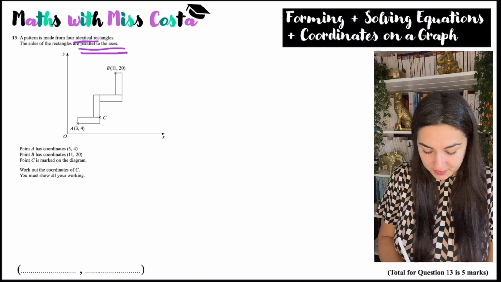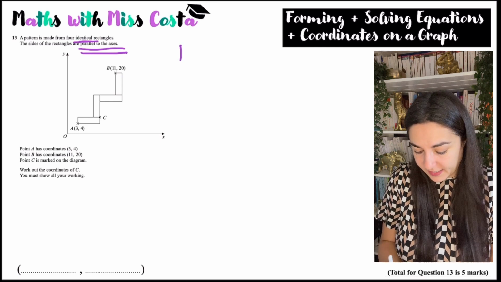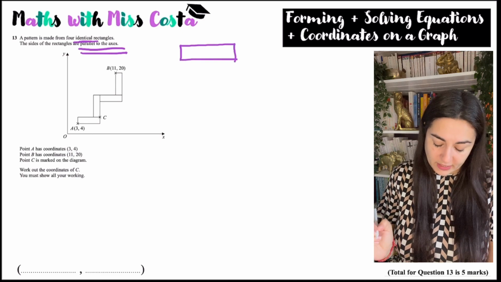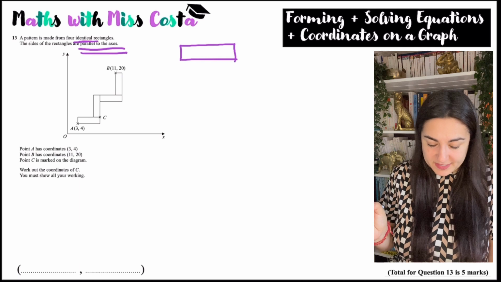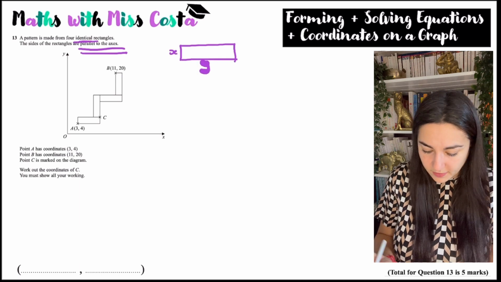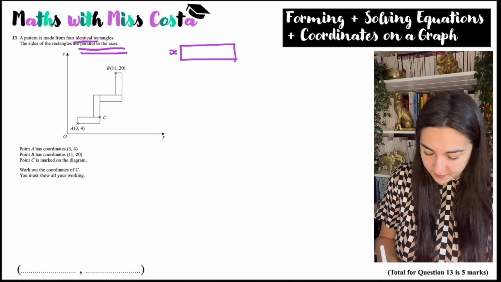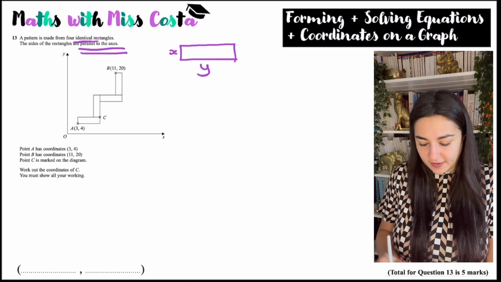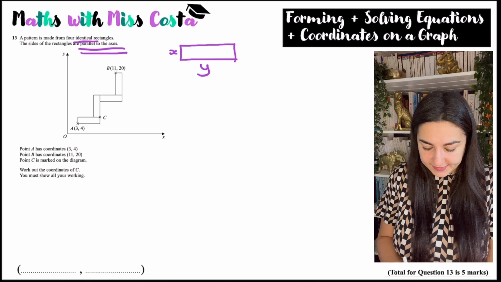Okay, well, in order to do that, I'm going to need to figure out what the height and the length of each rectangle is. So we're going to be dealing with algebra, so we may as well call them x and y. Okay, x and y. So let's start by working out the x distance.